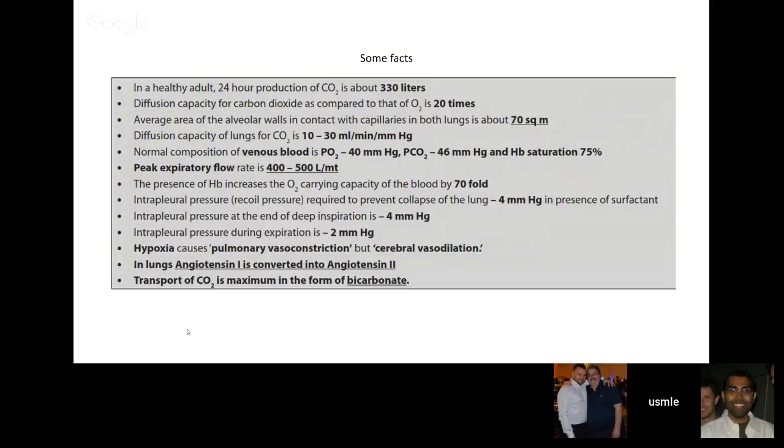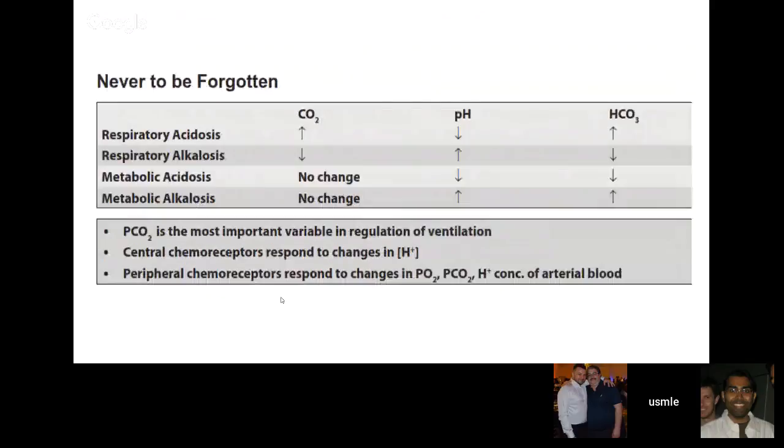Remember, it's a balance between both of them. The CO2 will lead to respiratory acidosis, as the bicarbonate will lead to metabolic alkalosis. And the compensation is going to be between CO2 and bicarbonate. And remember that bicarbonate is in relation with chloride at the receptor surface of the membrane.